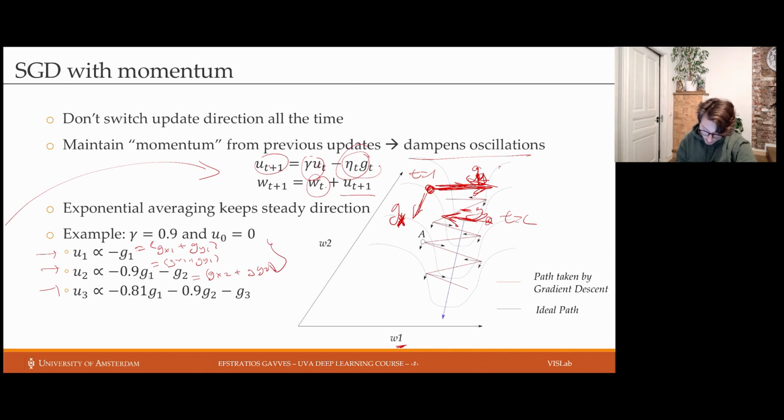Now we know that gy1 is approximately the same, but in the negative direction, of gy2, by the geometry of the ravine. We use the ravine as a motivating example, like SGD with momentum helps with ravines. Now, because gy1 and gy2 are opposite, they cancel each other out, and we maintain only the gradient towards the non-oscillating direction. So SGD with momentum can actually help dampen oscillations.